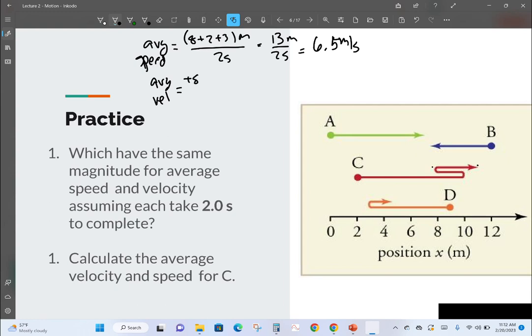So positive 8 plus negative 2 plus positive 3 meters all over 2 seconds. 8 plus negative 2 is negative 6 plus 3 is positive 9 meters. Wait, that means you're to the east of where you started in 2 seconds, or positive 4.5 meters per second.